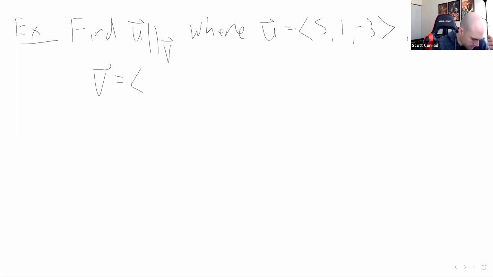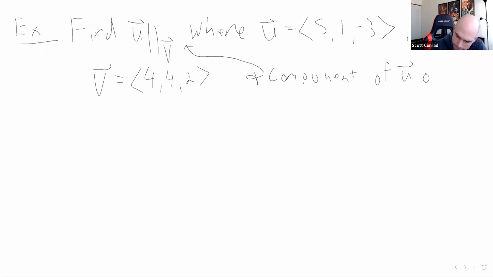And V is going to be the vector 4, 4, 2. And let's also find the component of u on v, just to remind ourselves what that is.